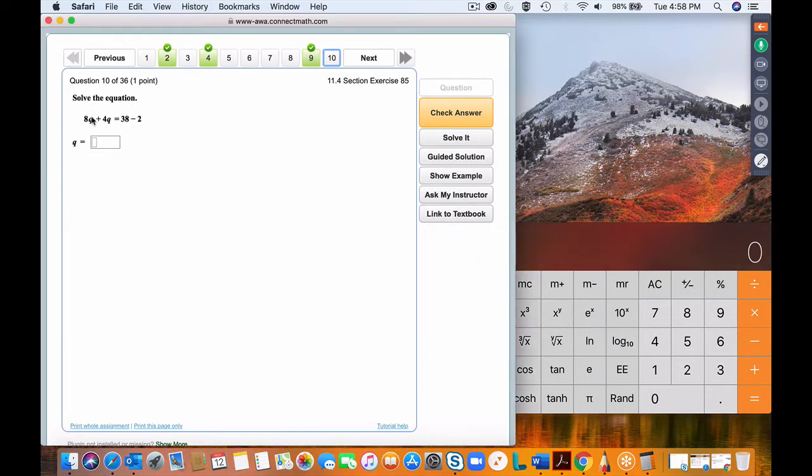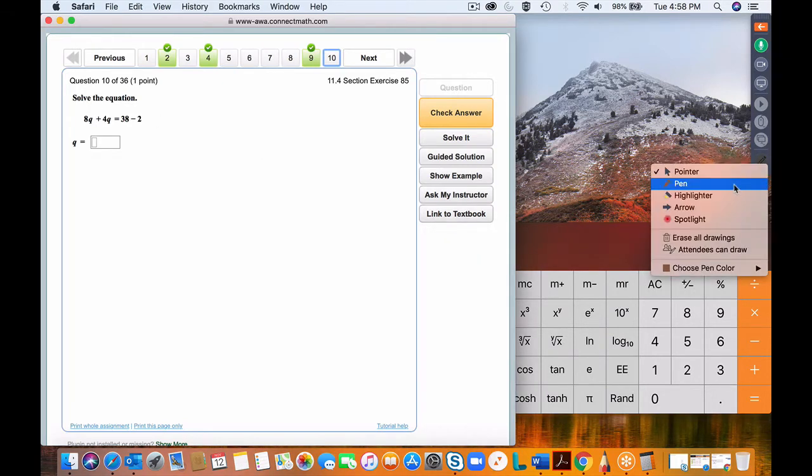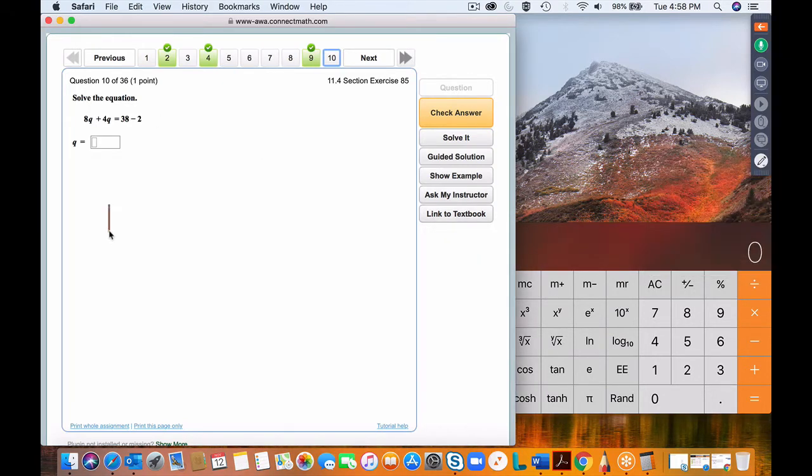I have 12Q, I added all the Q's on the left. And then 38 minus 2 is 36. Last, we divide by this number. We divided by that number.